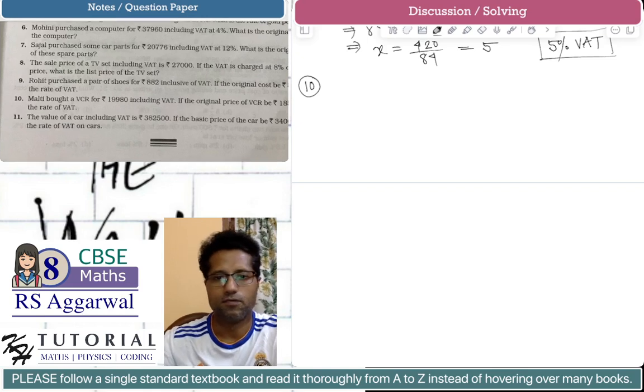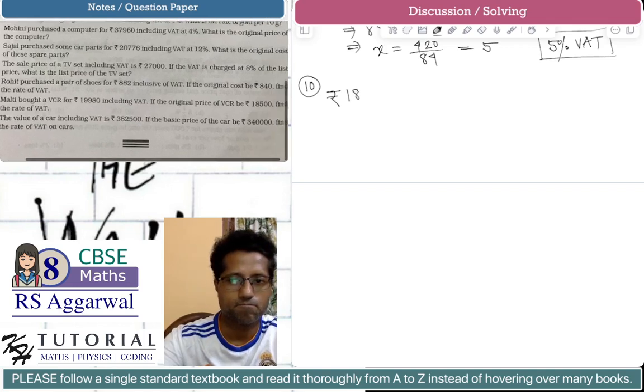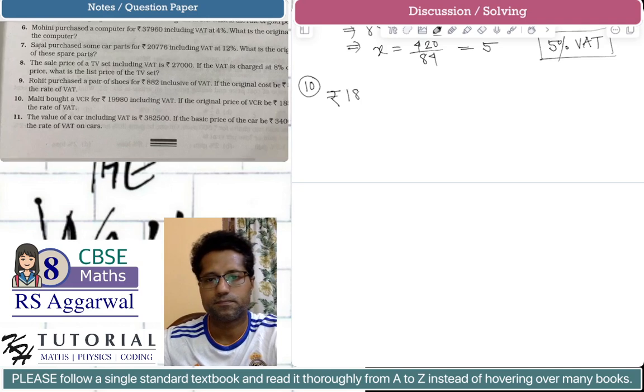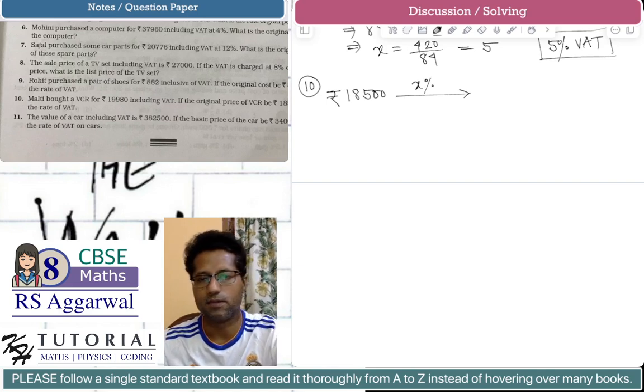Okay, so we are having an original price given to be 18,500, and on this price, let's say the VAT be X%. We have to find the rate of VAT. Let's assume the VAT be X%.